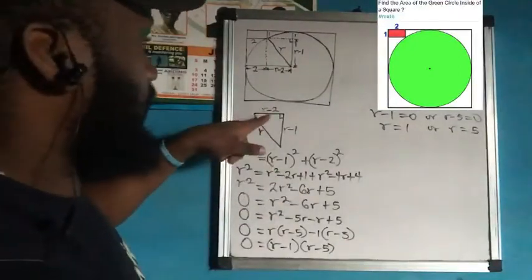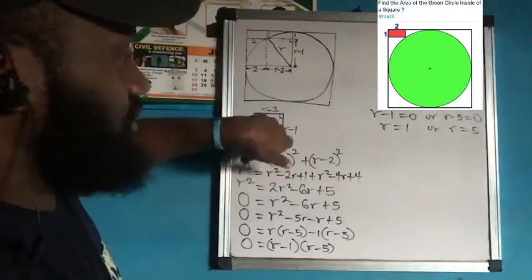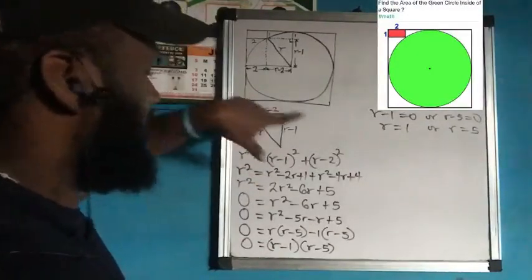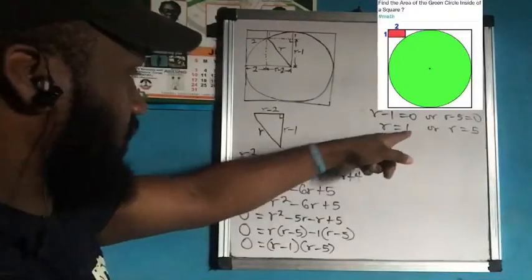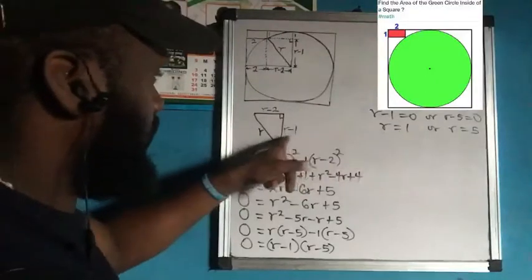Alright, we know that looking at this r minus 2 and r minus 1 here, r cannot be 1 because that would be giving us a negative side. Replacing the value of r here, you have 1 minus 2, which is minus 1, then 1 minus 1, which is 0.